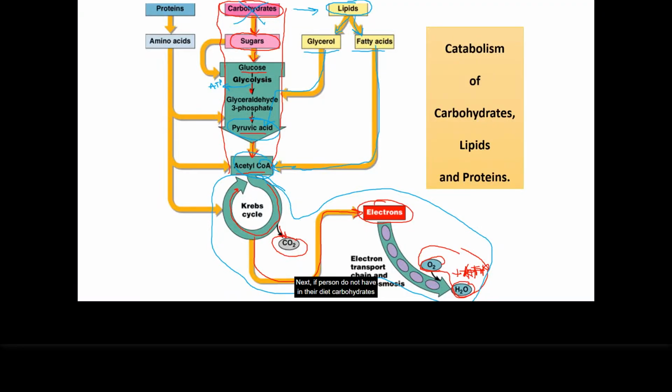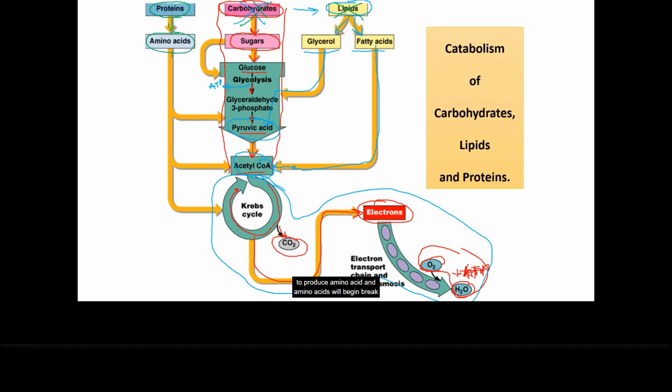Next, if a person does not have carbohydrates in the diet, and if a person does not have lipids in the diet, what happens next? Next, the body will break down proteins, muscles, for example, to produce amino acids.